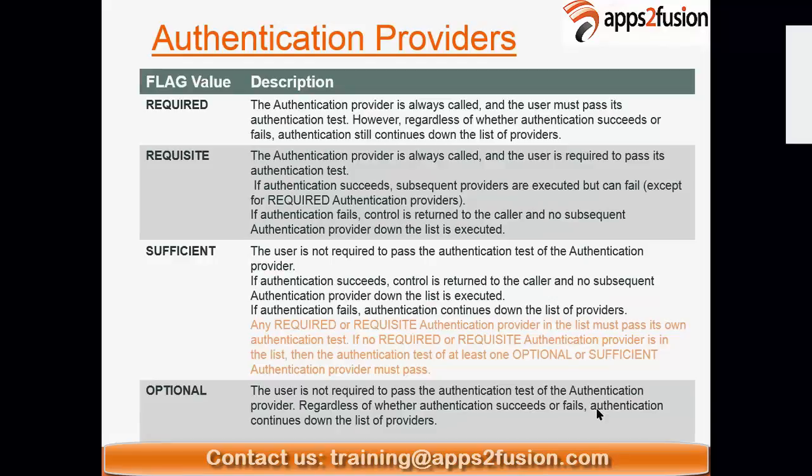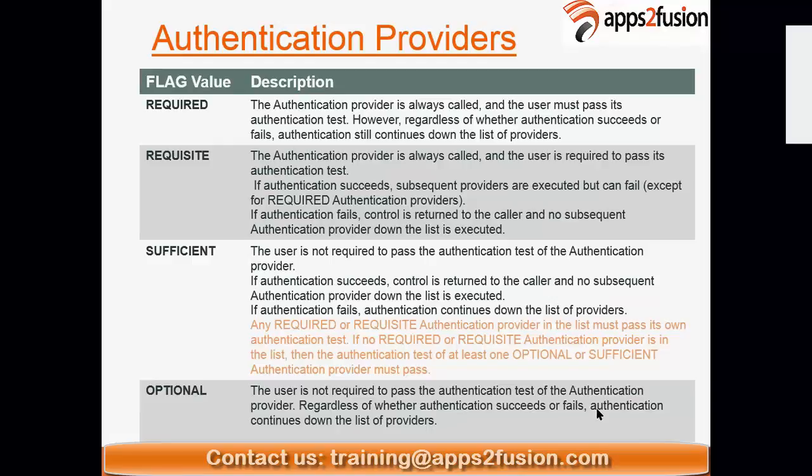So these are the flags which get associated with the authentication provider. All four flags are associated with each authentication provider. Suppose I have three authentication providers; every authentication provider will have those four flags.